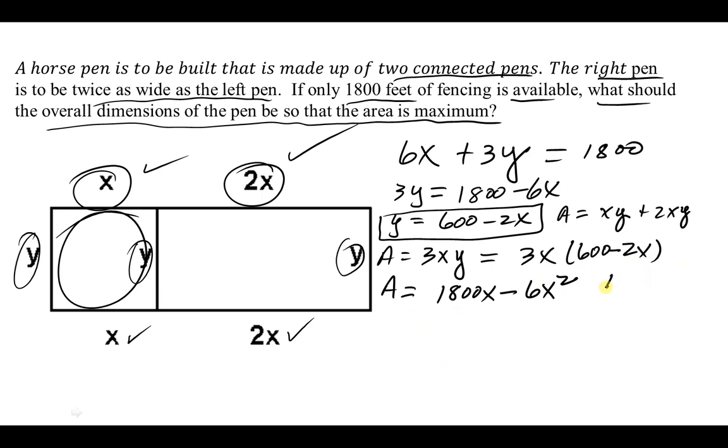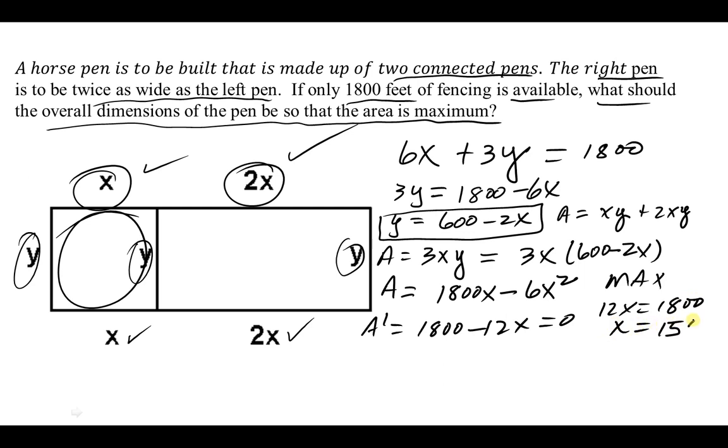To maximize this, we want to take the first derivative, which is 1800 minus 12x, set it to 0, and so we get 12x equal 1800, and x is equal to 150. The y that corresponds to that will be 600 minus 2 times 150, which is equal to 300.